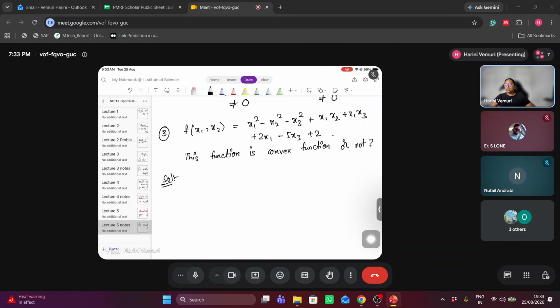Can anyone tell me how can you put x2 and x3 as 0? How does a univariate method tell you whether it's convex or concave?